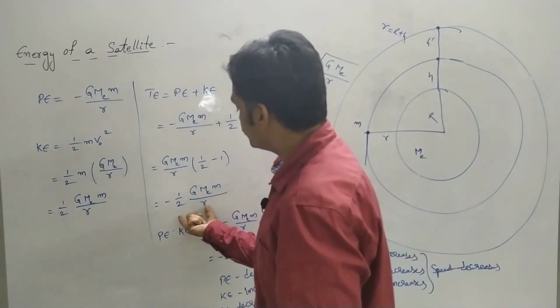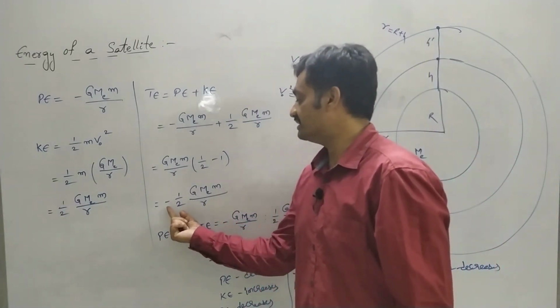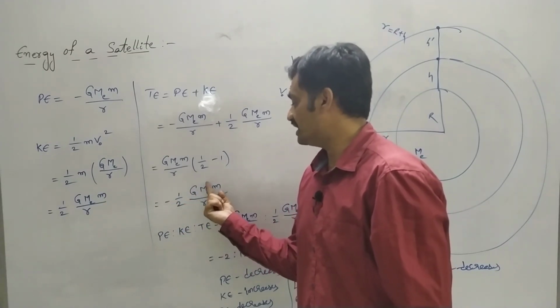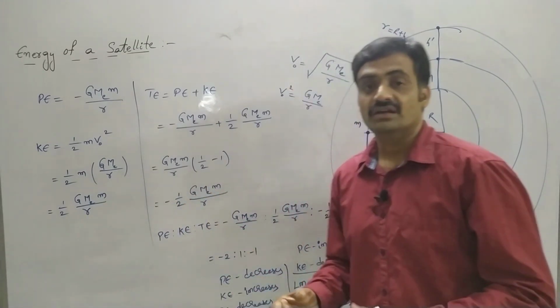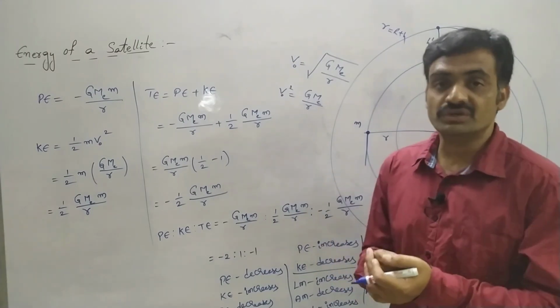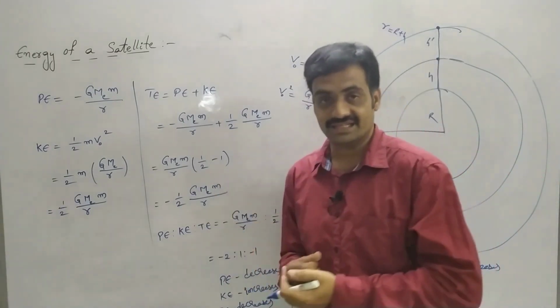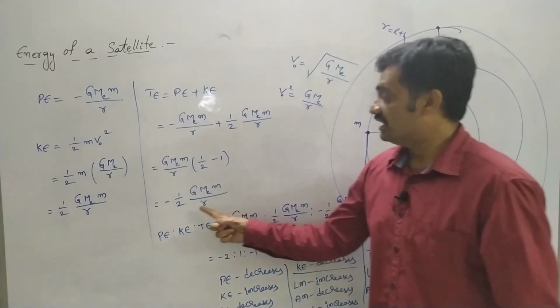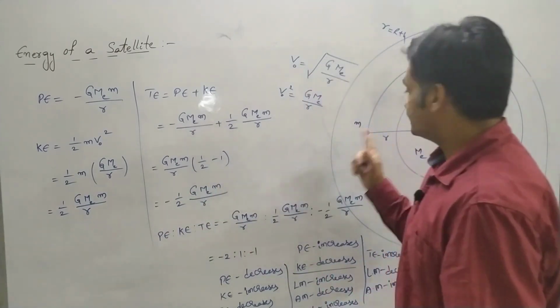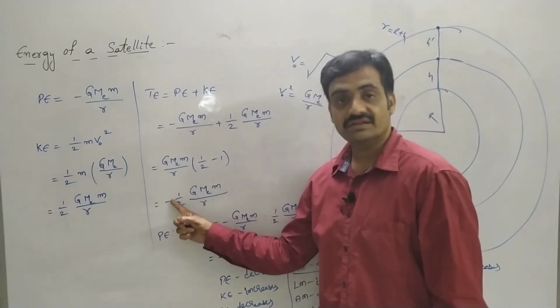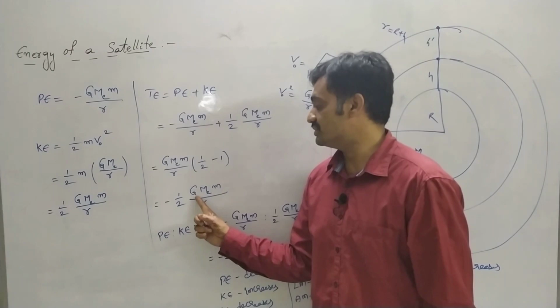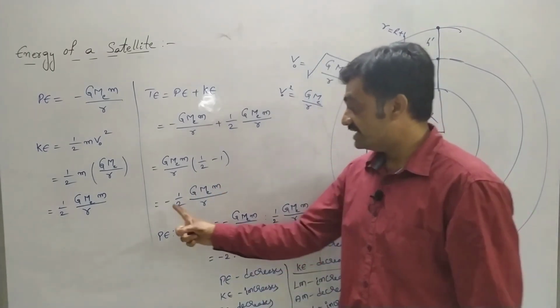Here, as you observe, the total energy of the satellite is represented as minus 1 by 2 G M_m by r. It is in the negative sign.